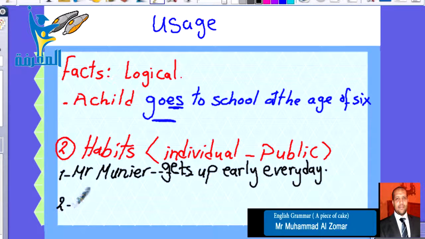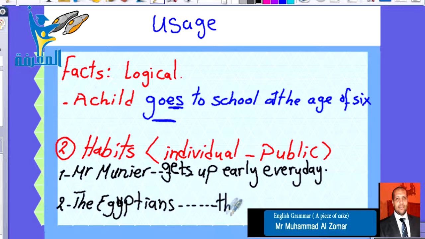This habit, the Egyptian feast in Ramadan, or after Ramadan.